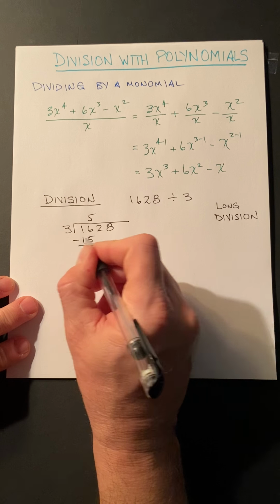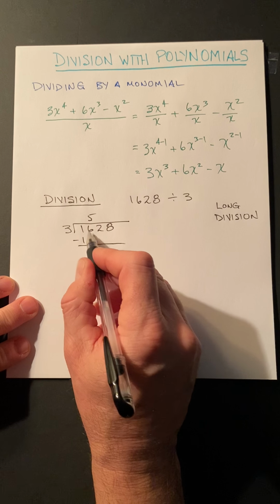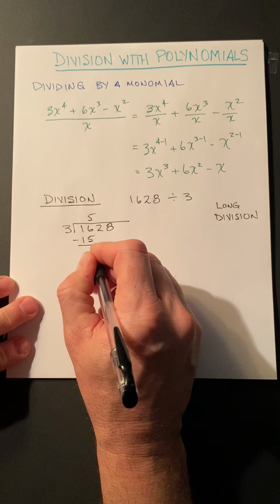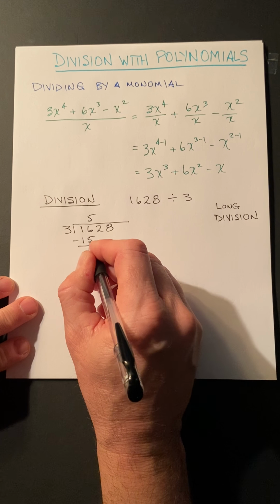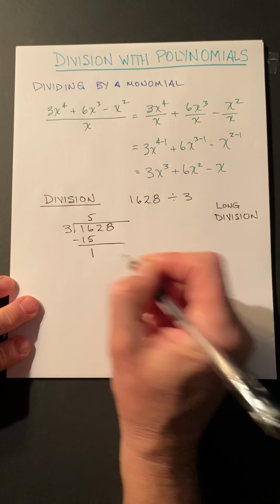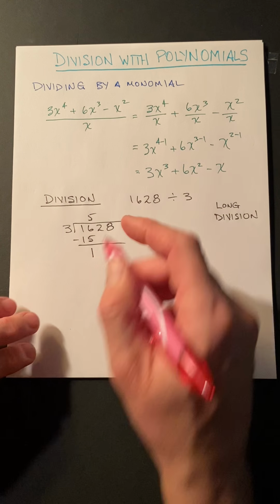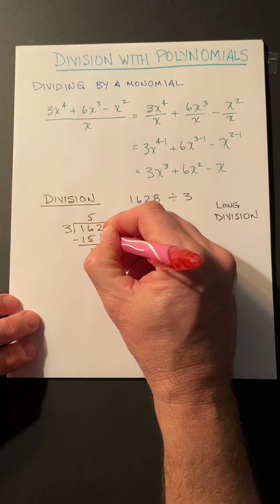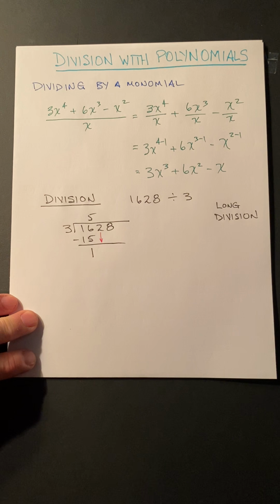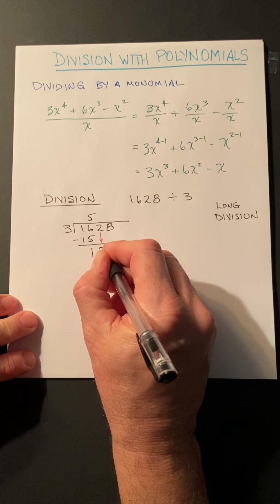And then what do I do? I subtract, right? And I move myself down. So 16 minus 15 is just going to be 1. Once I've done that, I bring down the next digit, and that gives me a 12.